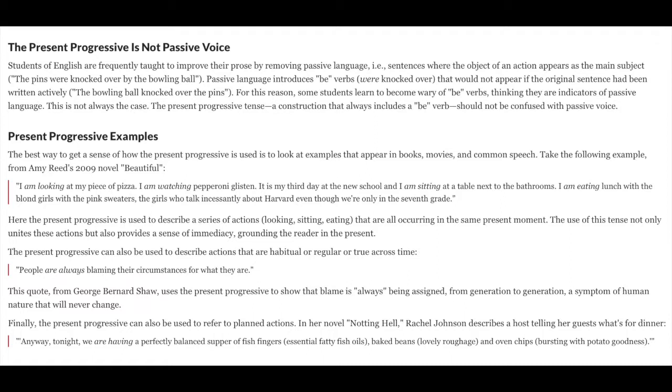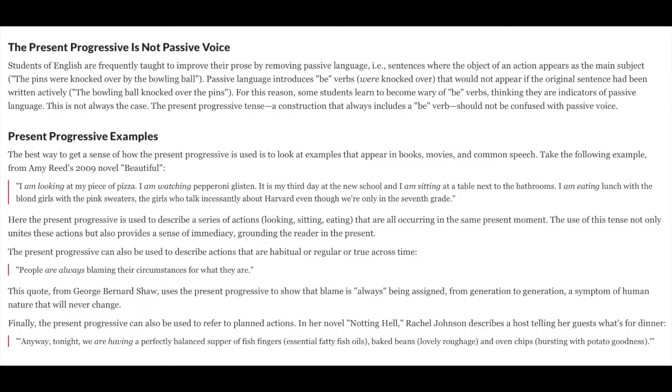Take the following example from Amy Reed's 2009 novel, Beautiful. I am looking at my piece of pizza. I am watching pepperoni grease. It is my third day at the new school and I am sitting at a table next to the bathrooms. I am eating lunch with the blonde girls with the pink sweaters, the girls who talk incessantly about Harvard even though we are only in the 7th grade.